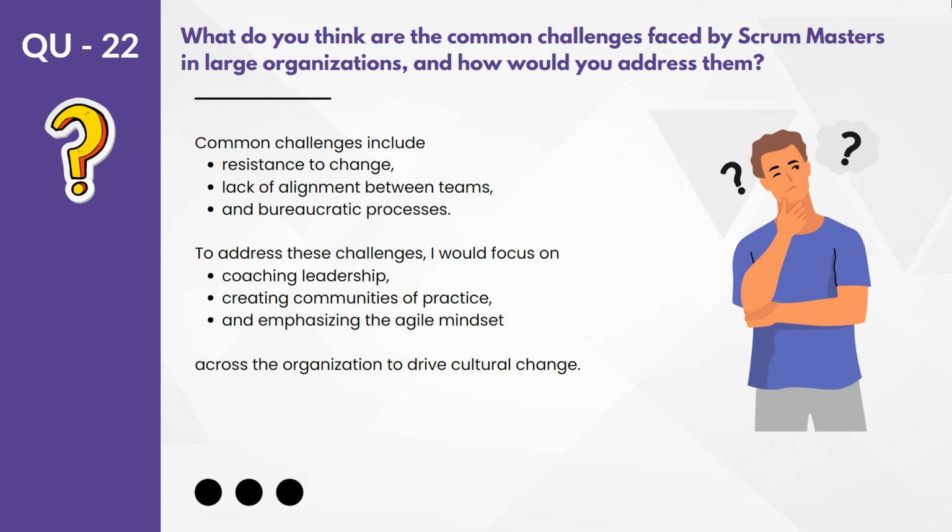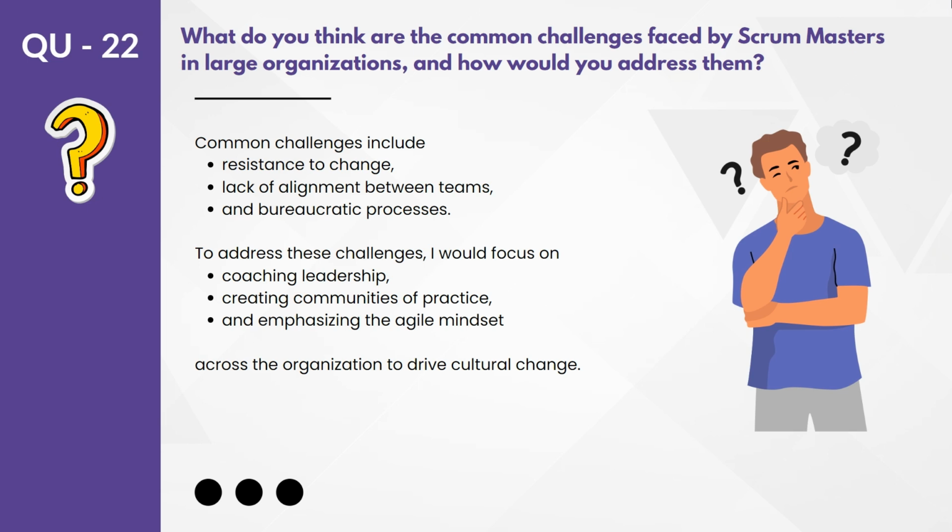See, when you are working as a Scrum Master, there will be several challenges which you will see on a day to day basis, due to the size of the organization or the process or methodology being followed in such large organizations. So what can be the common challenges: resistance to change, lack of alignment between teams, and bureaucratic processes.